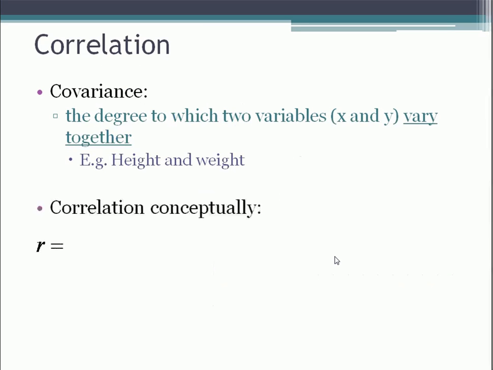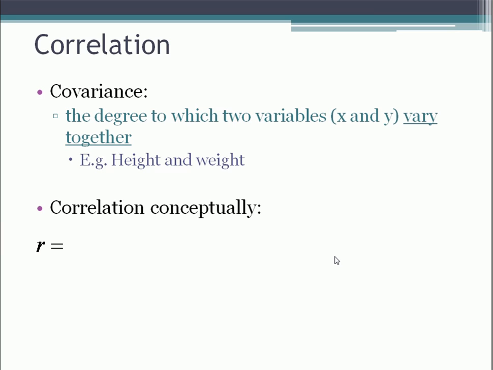Now, if you think about correlation conceptually, it's the degree to which the two variables vary together and the degree to which they vary separately. So the thing to imagine is, imagine that for height and weight, we can know all of the different things that influence your adult height and weight, right?